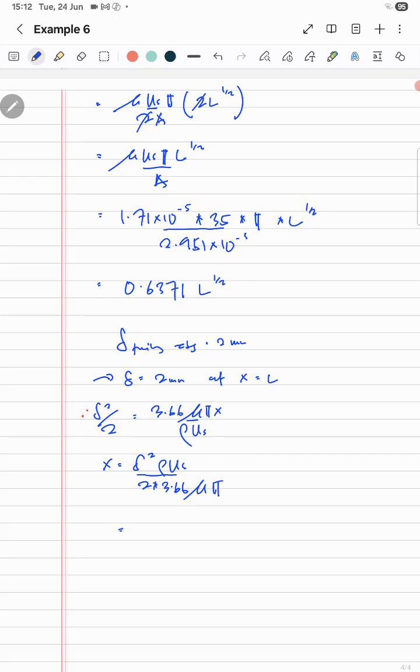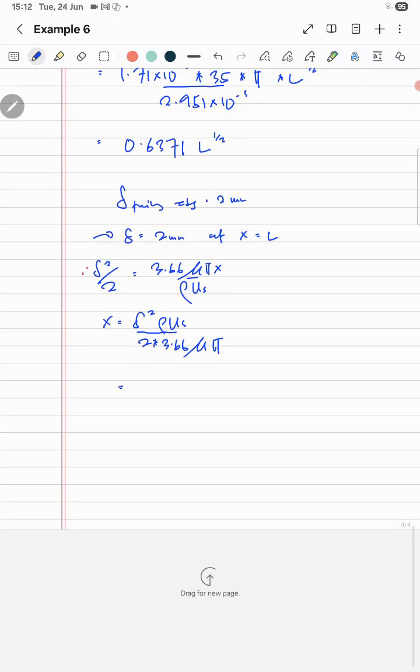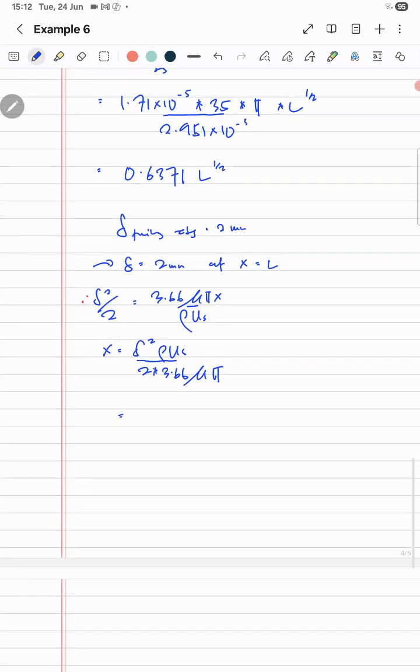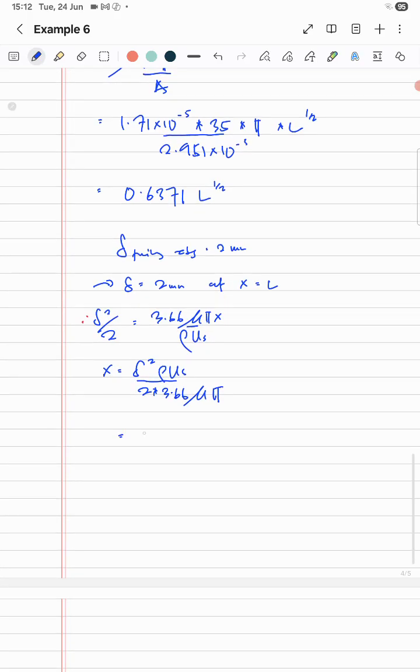Delta here is 2 mm, or 2 times 10 to the power of minus 3 meter, squared.